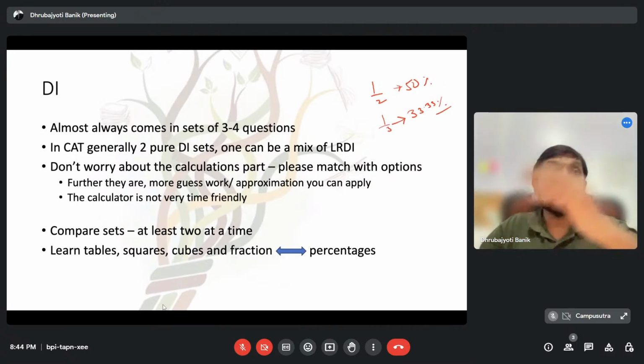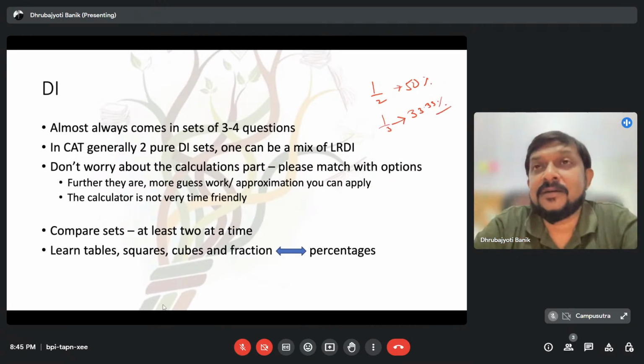Or 1/8 as a percentage is 12.5%, and all that stuff.